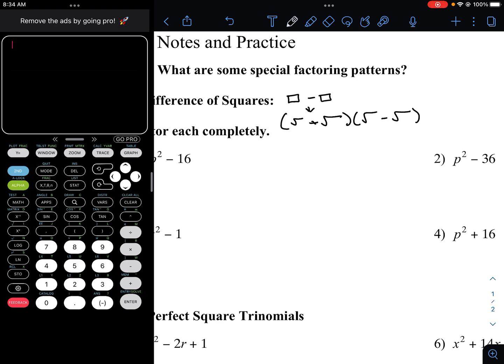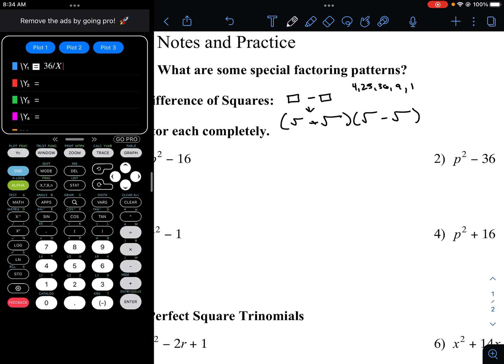What I mean by perfect squares are numbers like 4, 25, 36, 9, 1 is even a perfect square. And where I'm getting those numbers from, they are numbers that multiplied by themselves are another number.